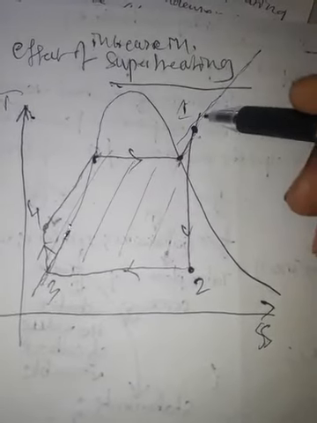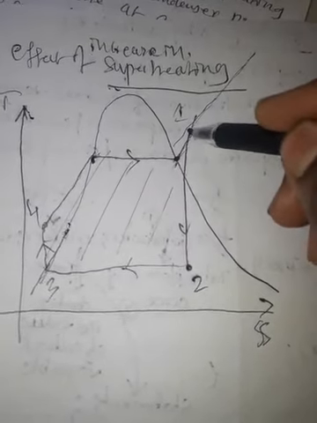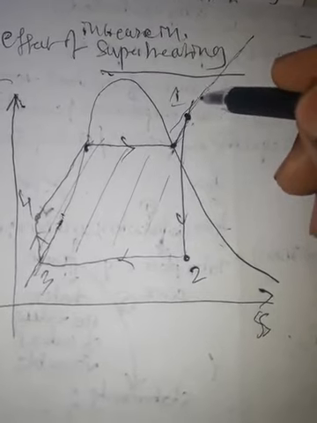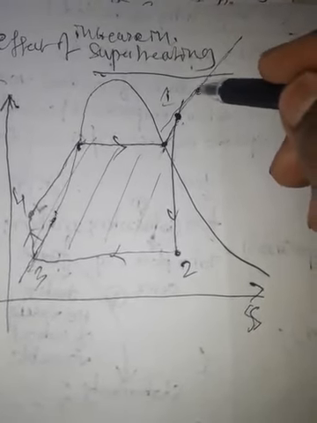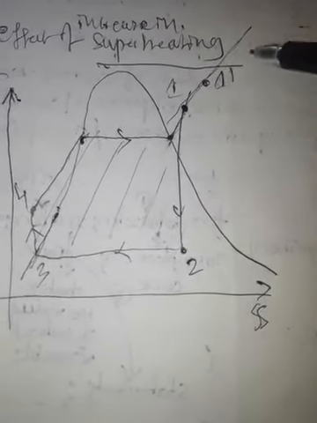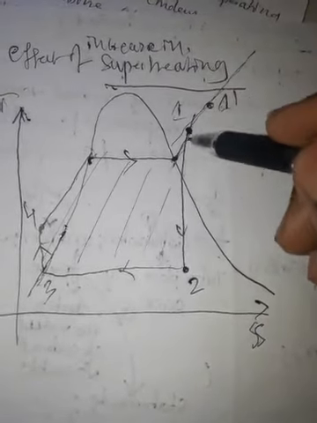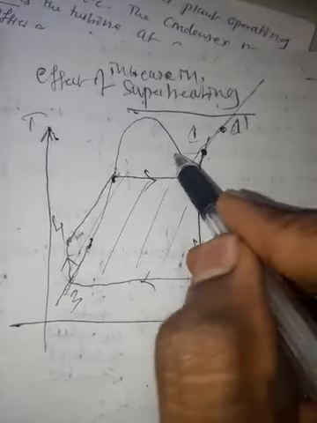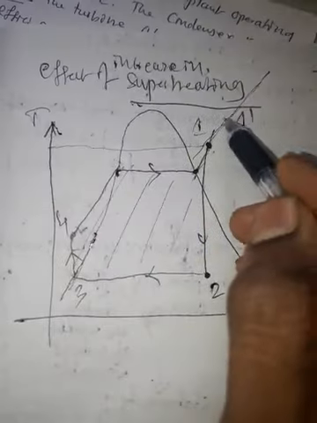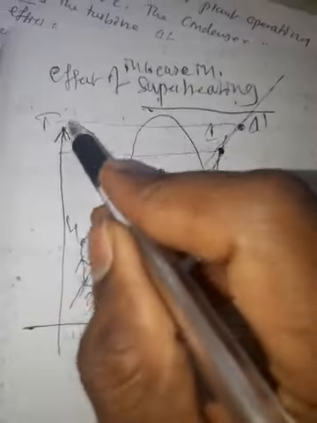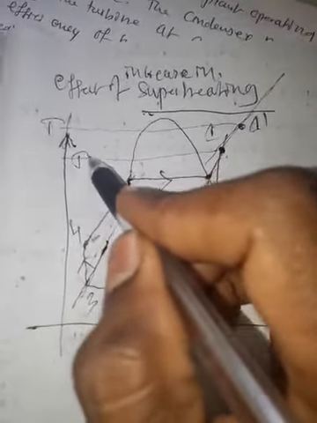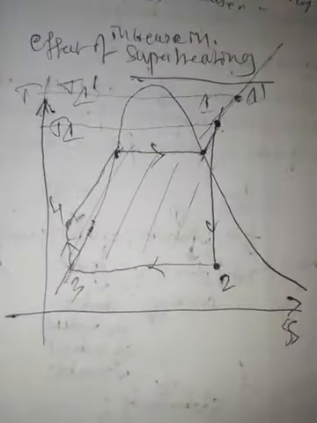Now if I increase superheat temperature from 1 to 1 dash keeping the same pressure, so I am increasing the superheat temperature. This is T superheat 1, this is T superheat 1 dash. So this is T1, this is T1 dash.